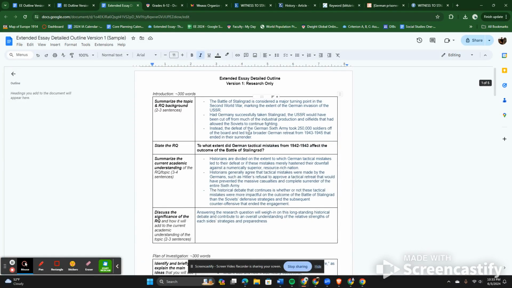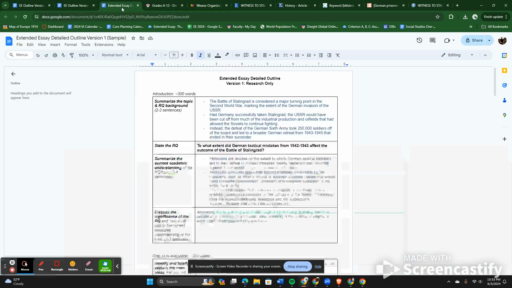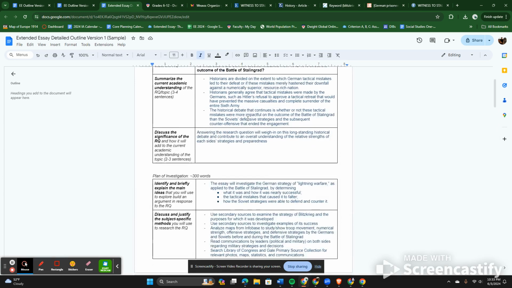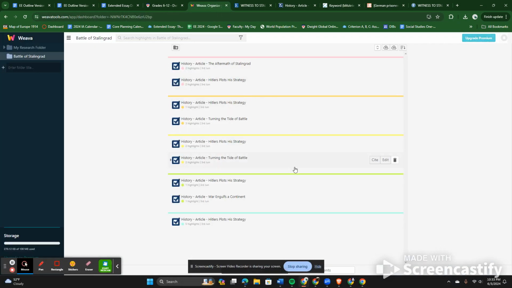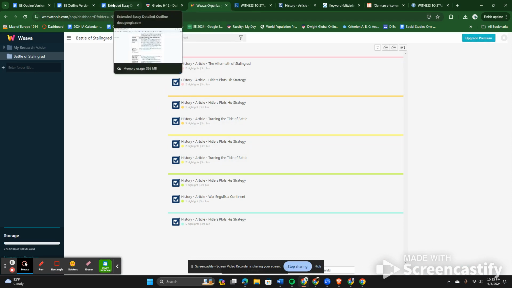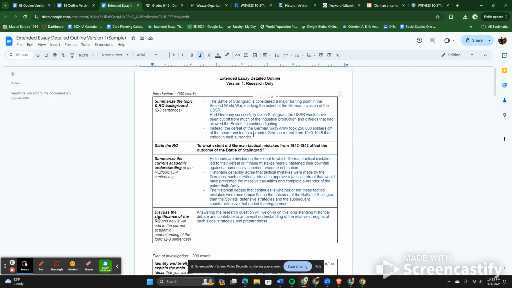And it's not like you do one and you're done and then you start the other. So it's not like you have your research over here and you're going to just directly use this to start your outline, because your outline is actually going to inform how you organize your research. And then this will go back and forth. So you should have both of these things at the same time. Whenever you're researching, make sure that you have both Weava and your outline open.